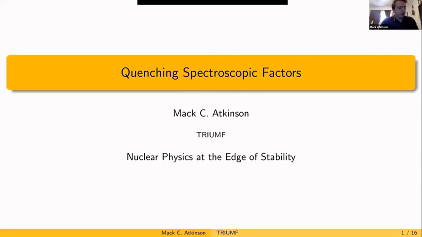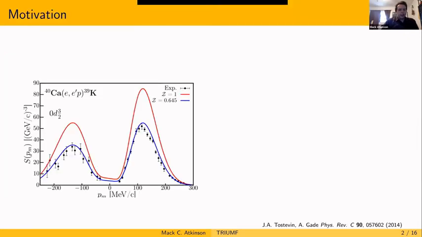It's been quite interesting. So I'm going to talk about something that was mentioned in the first day a little bit, the quenching of spectroscopic factors. So I'm a postdoc at TRIUMF right now. So the motivation for this first is, I guess I'll briefly discuss a spectroscopic factor.